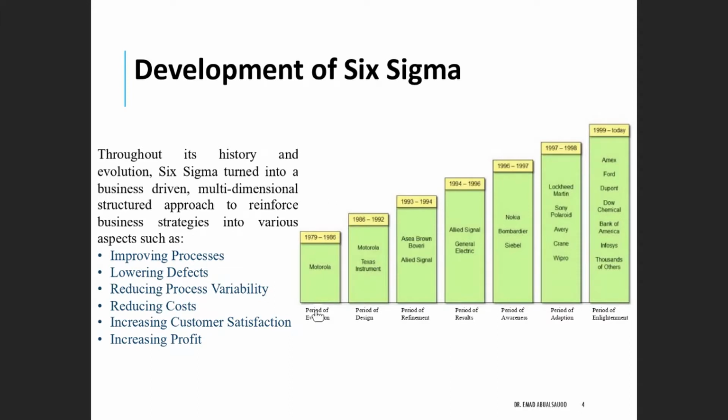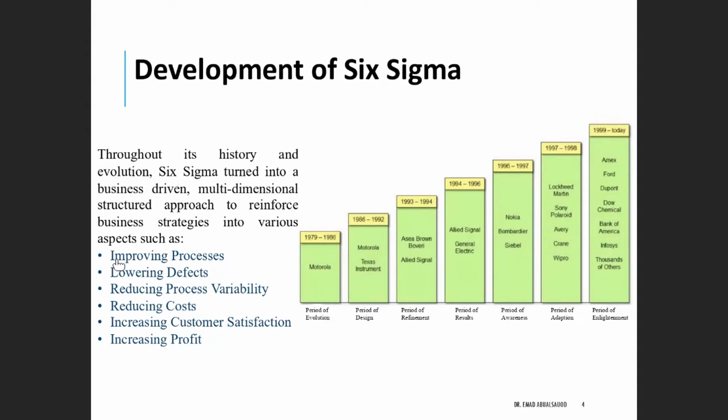And through this history, the evolution of Six Sigma has been a multi-dimensional, enforcing business strategy in different aspects and objectives: improving process, lowering defects, reducing process variability, reducing cost, increasing customer satisfaction, increasing profits. All of these were goals that accumulated over time and history until they became, in the period of enlightenment, the strategies or goals of Six Sigma.